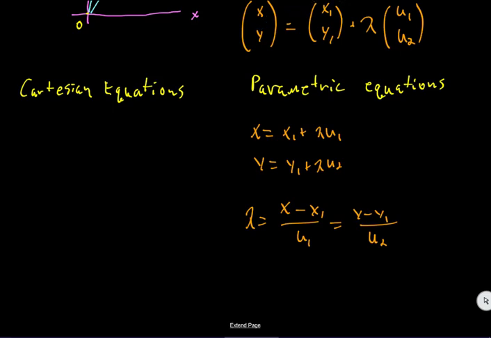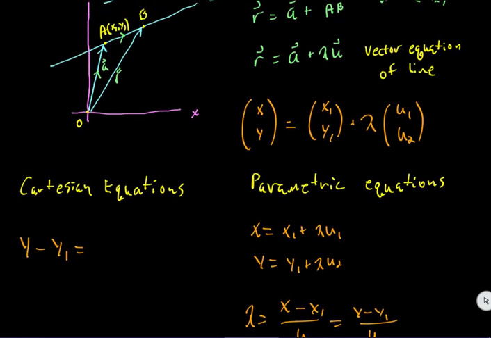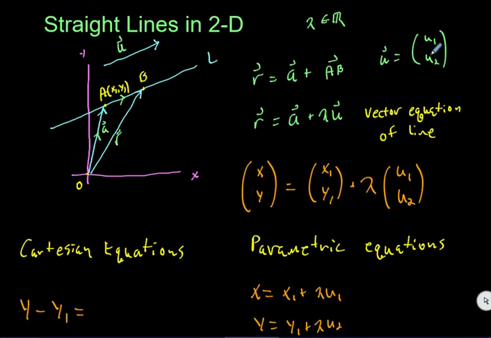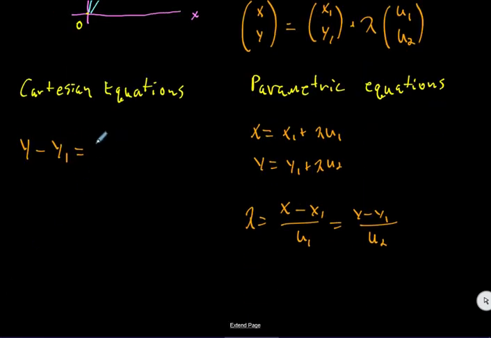We're going to use point-slope form, so that would be y minus y1, and then it would be our slope. But what would our slope be? Our slope would be our change in y over our change in x, so it'd be u2 over u1. That would be our slope. Then it's x minus x1, and we can change it to Cartesian form this way.